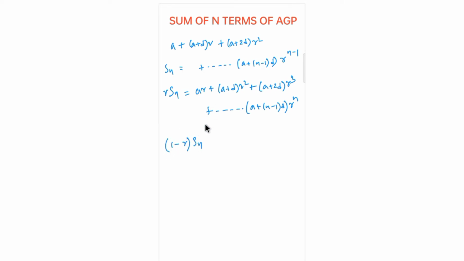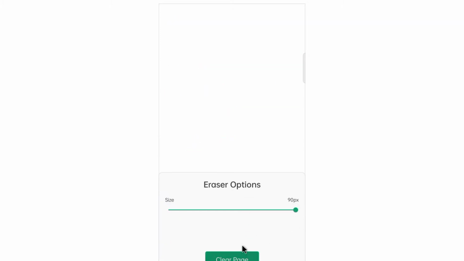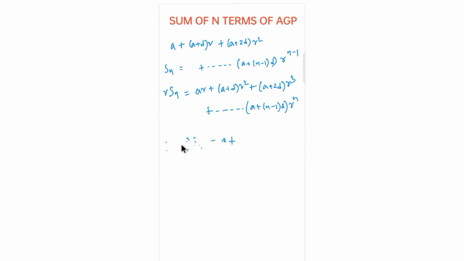You just need to shift the terms by one side. If I need to be clear about that, I can write Sn equals a plus (a plus d) into r plus (a plus 2d) into r square, so on.